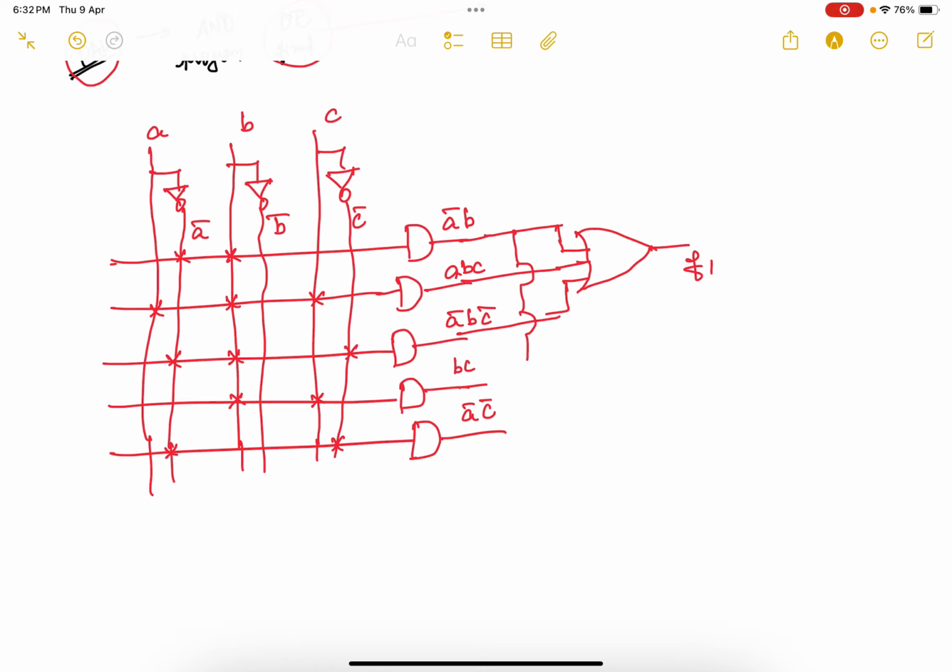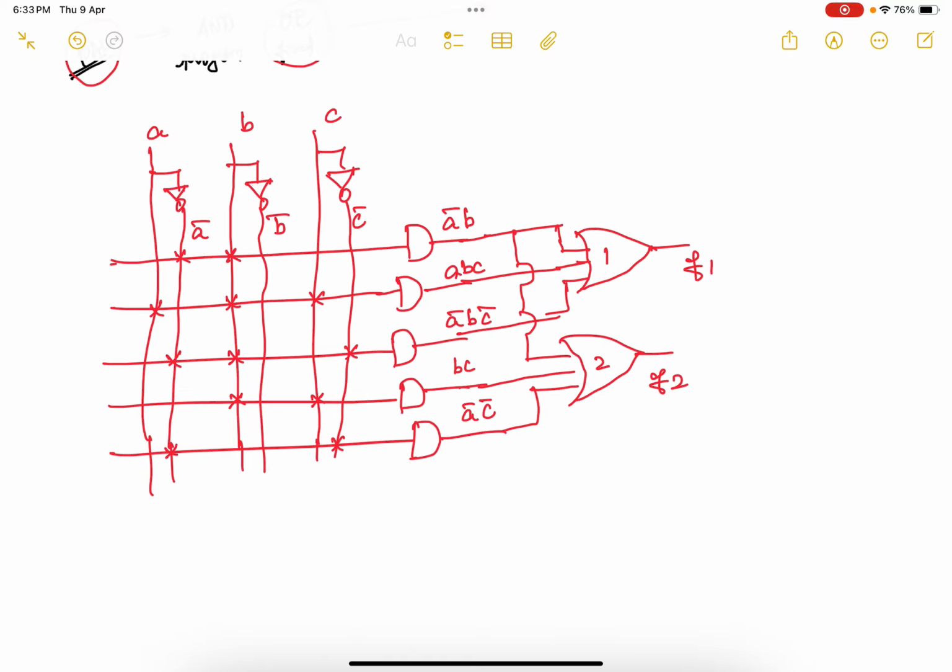Along with this A bar B, already we have here BC and A bar C. This is also connected to another fixed OR gate, which is here F2. So this is connected to OR gate number 1, F1, and this is connected to OR gate number 2, F2.